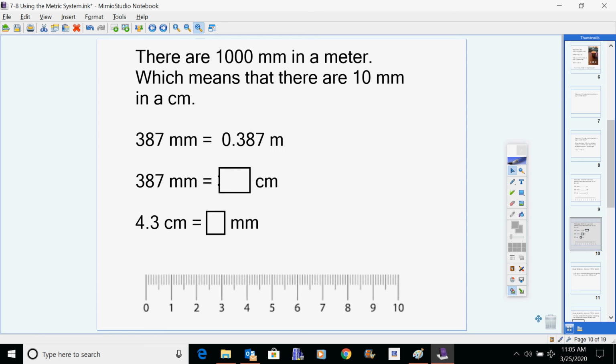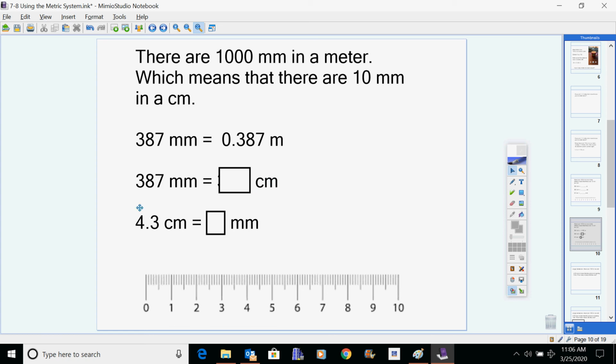So that dividing by 1,000 moves the decimal over 1, 2, 3 place values. And then look at your answer and see if it makes sense. So you have 387 millimeters. Well, that's not as much as the number of millimeters in a meter. So you're expecting that it's only going to be part of a meter, which is why you get 0.387, moved over 3.